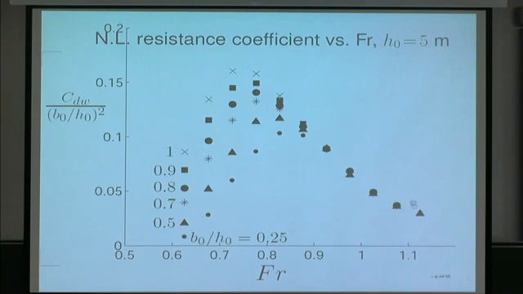But you see, as you move from around Froude number 1 and reduce the Froude number, you have the common curve. But then, of course, the deeper the ship gets, the higher and higher you get up here. And on Friday, you will have a talk by Dr. Grue from Dalian.